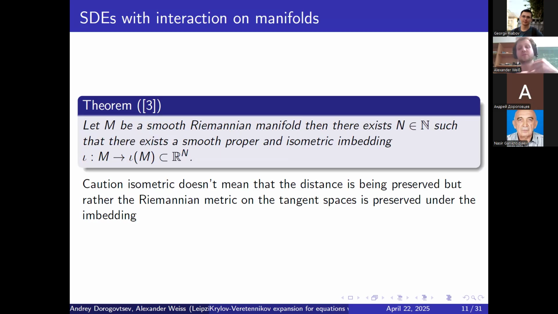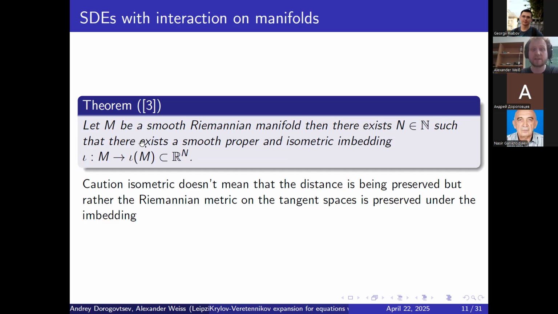Before we start with an existence result, let me state a very important result in the theory of differential geometry. And this is the so-called Nash embedding. The result is the following.